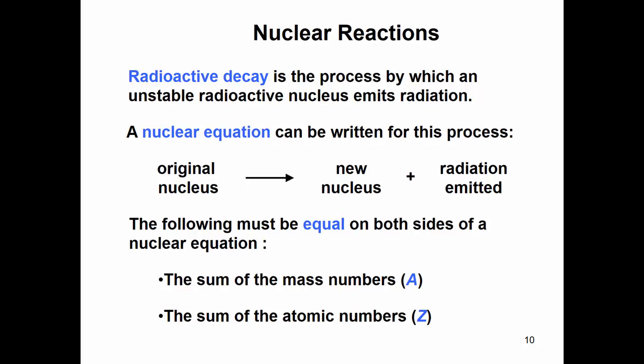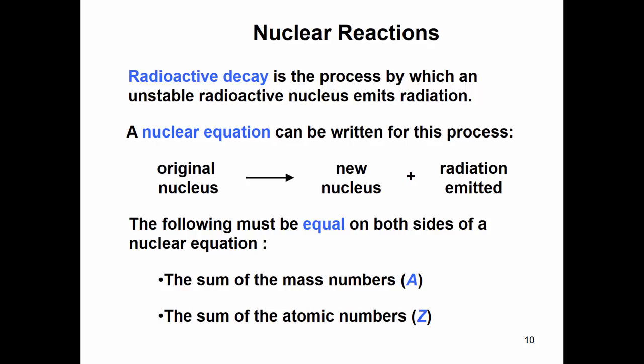How we balance these is that the sum of the mass numbers on the left and the right have to equal, and the sum of the atomic numbers on the left and the right have to equal as well.